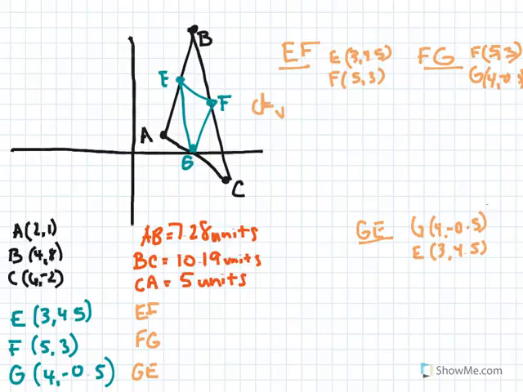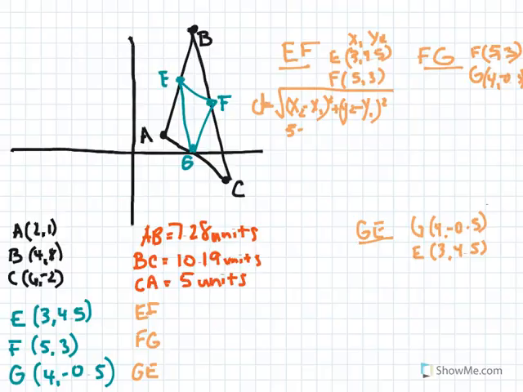So the first thing we do when we're setting up distance formulas, we do the equation. Distance equals the square root of x2 minus x1 squared plus y2 minus y1 squared. So I'm going to plug in my values. Let's say this is x1, y1, and x2, y2 down here. So my x2 is going to be 5.